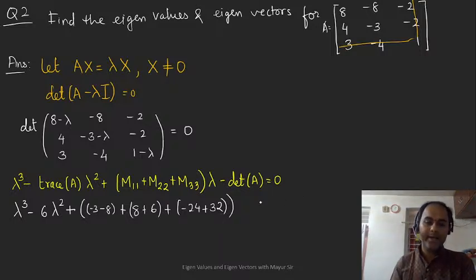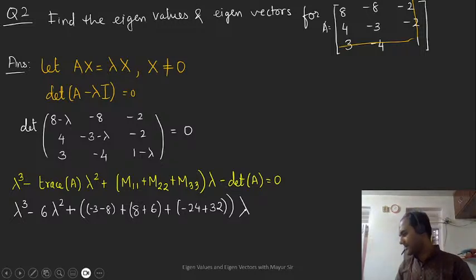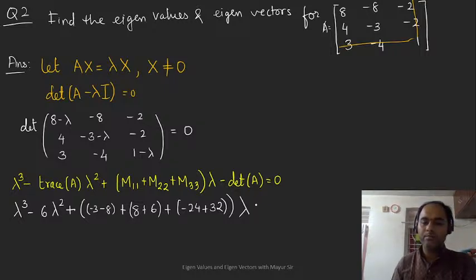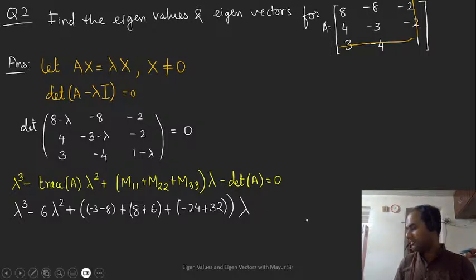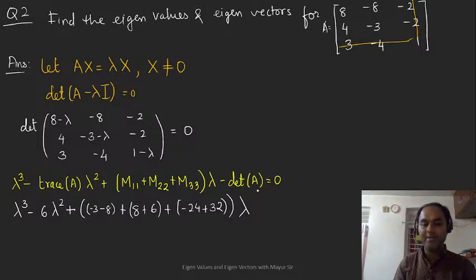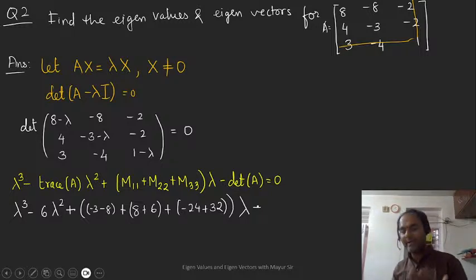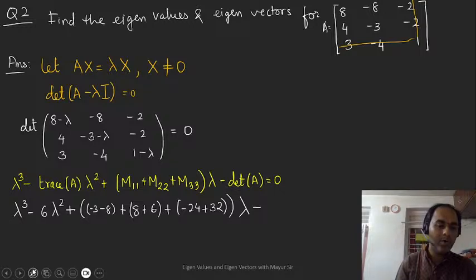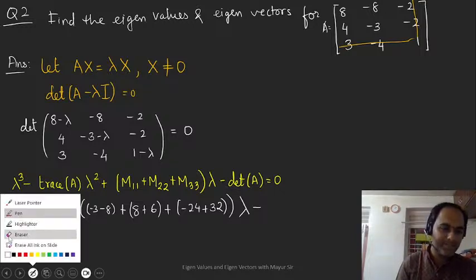Now you need to add this multiplied by lambda over here. So lambda is the notation that you will be multiplying. Now you calculate the determinant. The determinant of this is going to be, calculate the determinant and let me know how much it comes. You can calculate the determinant via your calculator, or you can do the manual formula. Let me know how much the determinant is in the comment section.